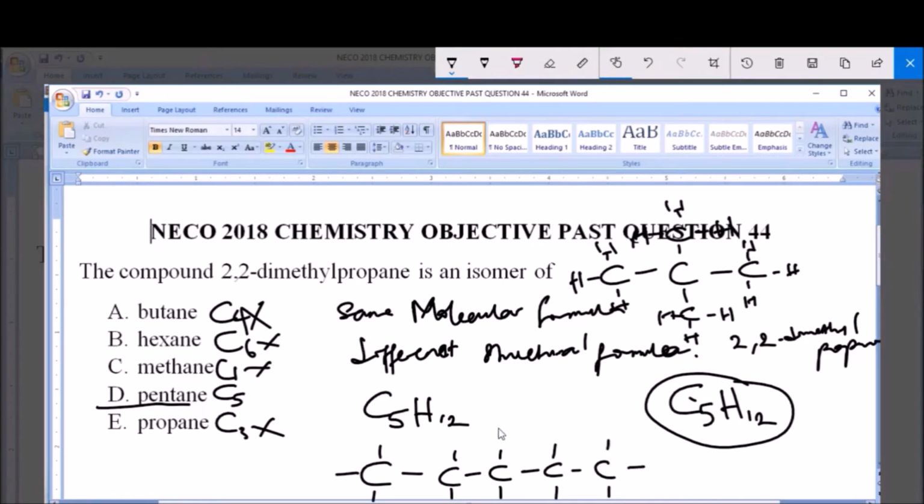So you can see that it is complete. But looking at the structure of pentane, it differs from the structure of 2,2-dimethylpropane. Therefore, since they have the same molecular formula and different structural formula, we can say 2,2-dimethylpropane is an isomer of pentane. And so pentane is the correct answer to this question, Option D.